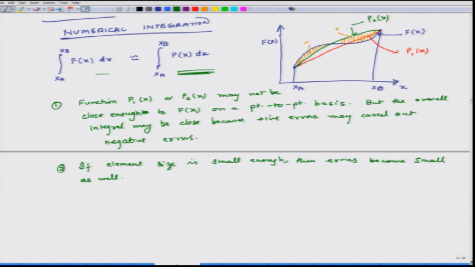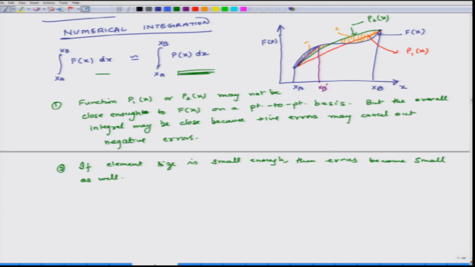So, if xb was not this far, but xb was, let us say, here, if this was the xb, then I could have just taken a linear line and this would have been much more accurate, or if I had taken a quadratic line, it would have been even more accurate.